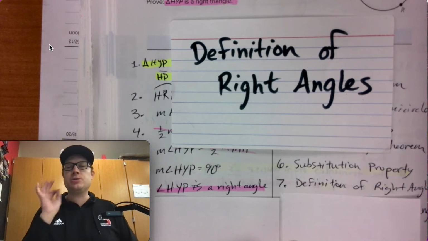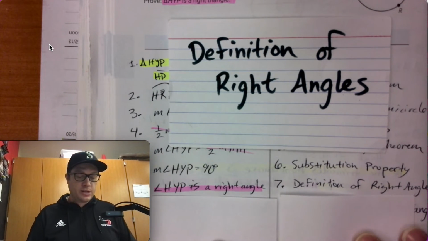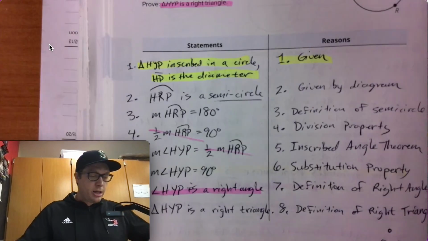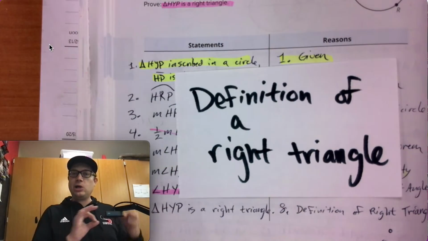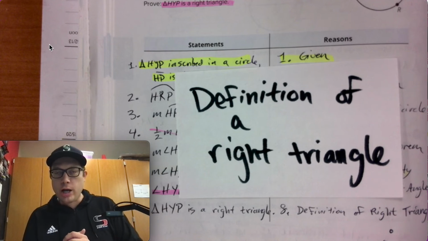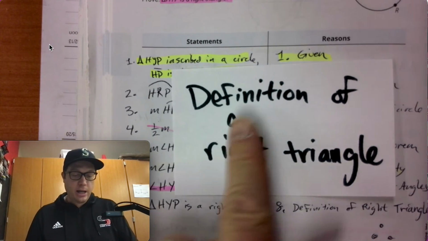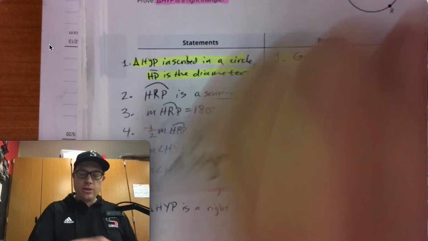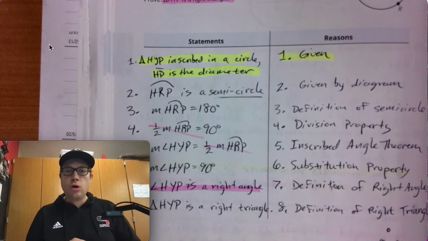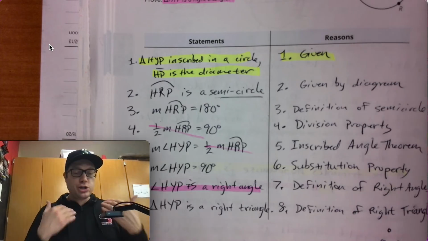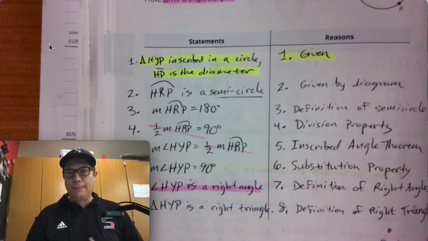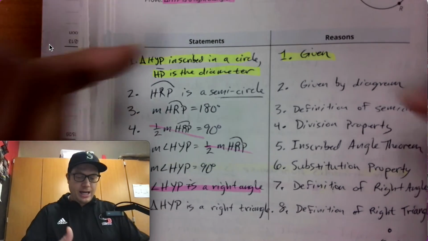Definition of right angles is why we say that. Now, that leaves us with the last statement of the entire thing. And the last statement is, if you've got a right angle in a triangle, then you have a right triangle. So therefore, triangle HYP is a right triangle by the definition. And there it is, the entire two-column proof for us that shows why triangle HYP is a right triangle. 8 steps.